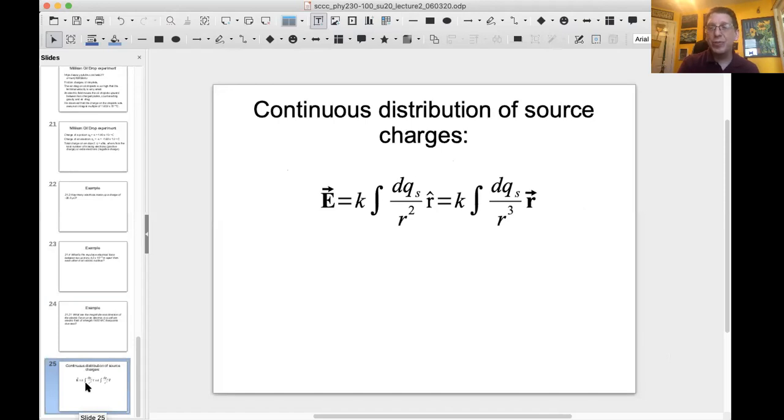If you have a continuous distribution of source charges, you're going to need to integrate. Again, you can write the equation in a couple of different ways. You can write it using the unit vector, or you can write it using r vector over r cubed, and you need to figure out the distribution of the source charges as a function of position. And then you're going to be integrating over that position.